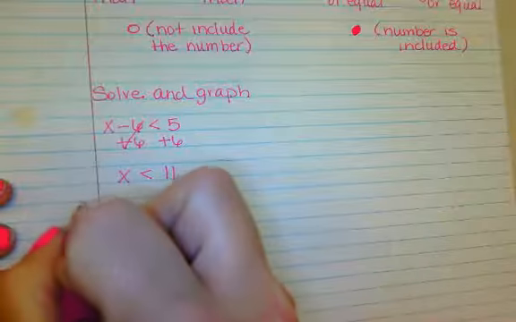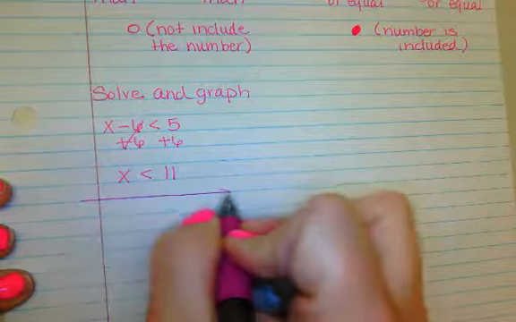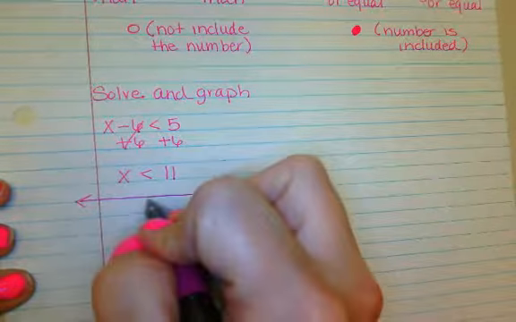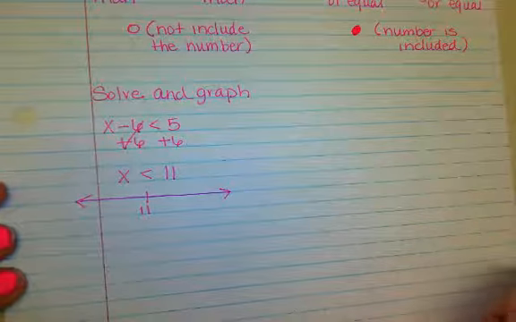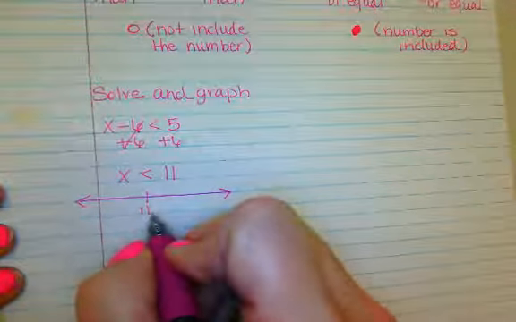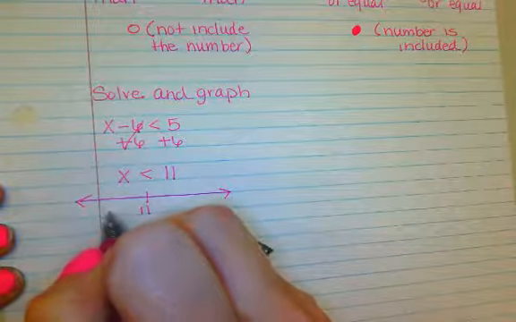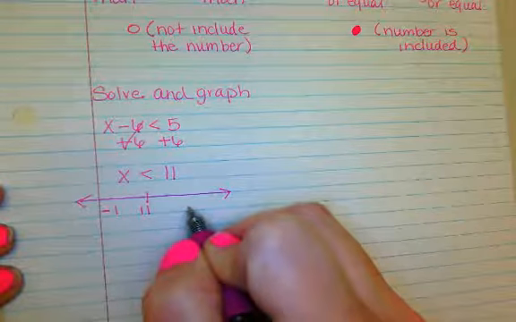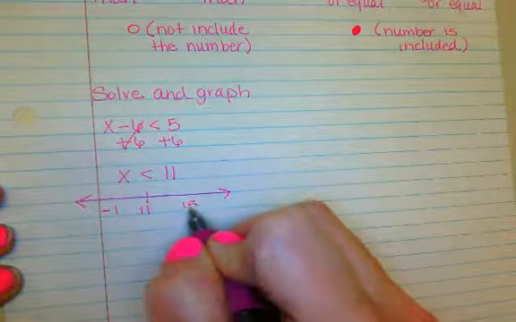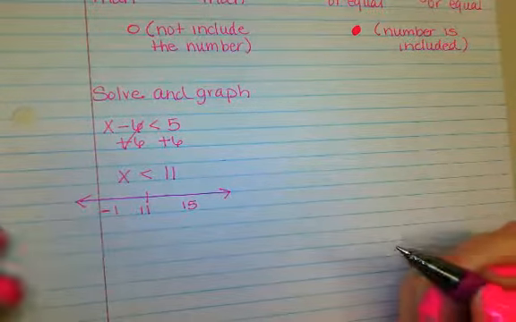So, we're just going to draw a little line, and no, we don't have to number all of them. We're just going to put right in the middle 11. Until you get good at recognizing this, I would highly recommend that you put a number on this side that's less than 11, like maybe -1, and a number on this side that's bigger than 11, so maybe 15, so you can understand how this works.